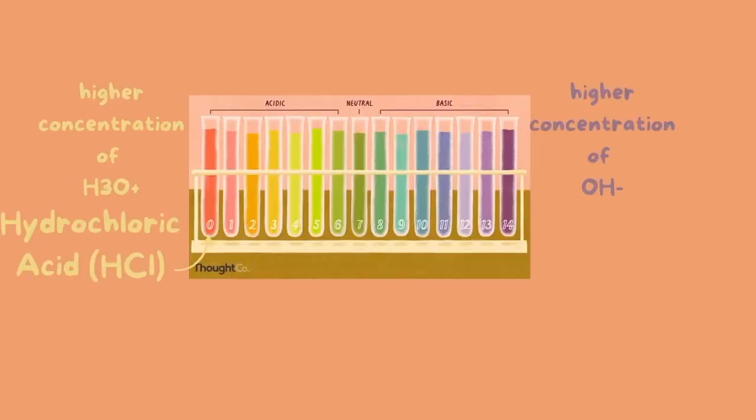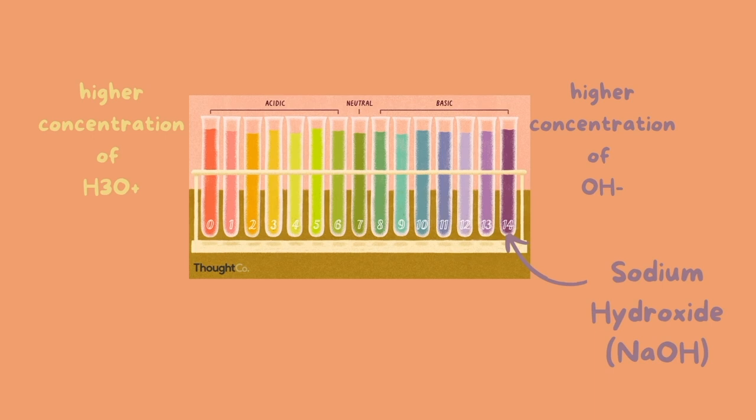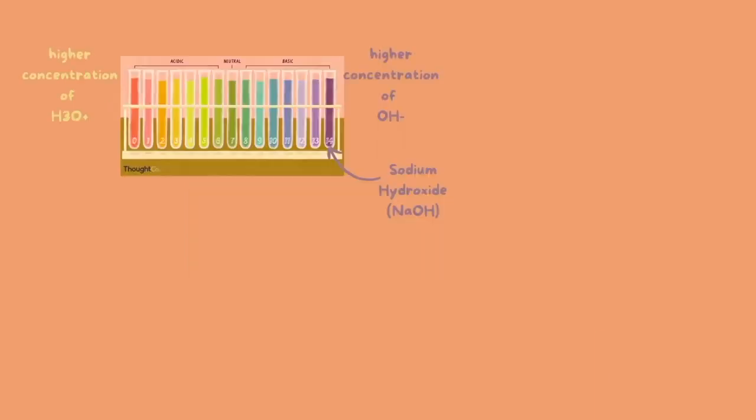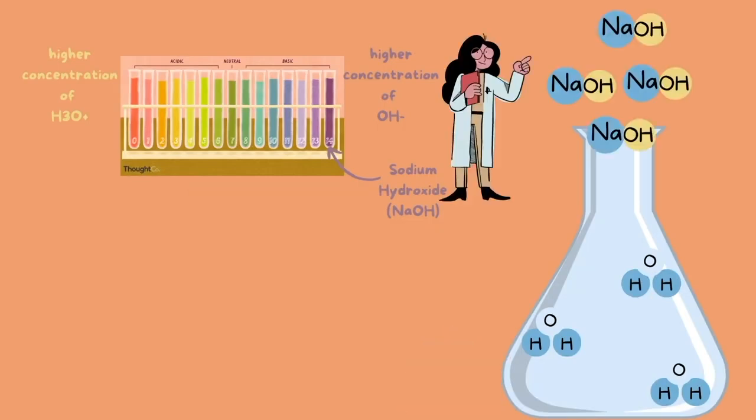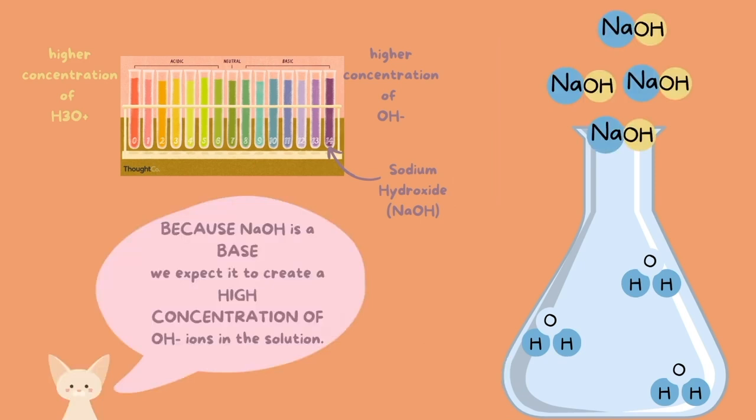Let's look at an example of a base using sodium hydroxide. Here again we have a flask, and again we have some water molecules inside, and we're going to introduce some sodium hydroxide. Because sodium hydroxide is a base, we expect it to create a high concentration of hydroxide ions in the solution.